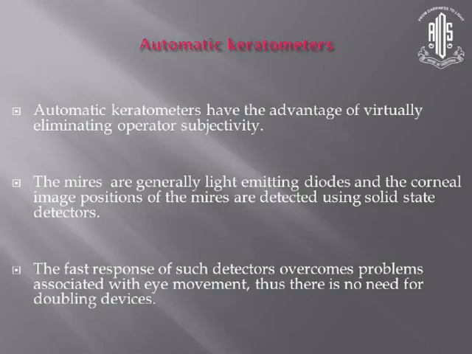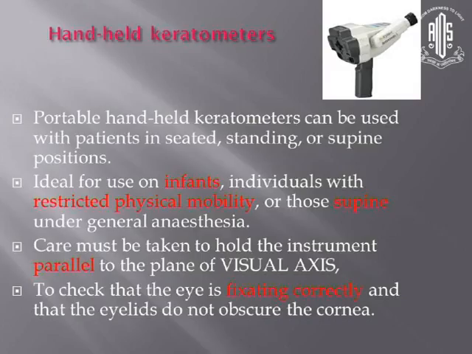So the error of spontaneous eye movements is much less with autokeratometers, and probably that's why they are slightly more reliable if used properly. In special situations, you have handheld keratometers, especially in infants or people in supine position. It should be taken care that the visual axis remains parallel to the plane while you are taking the measurement.